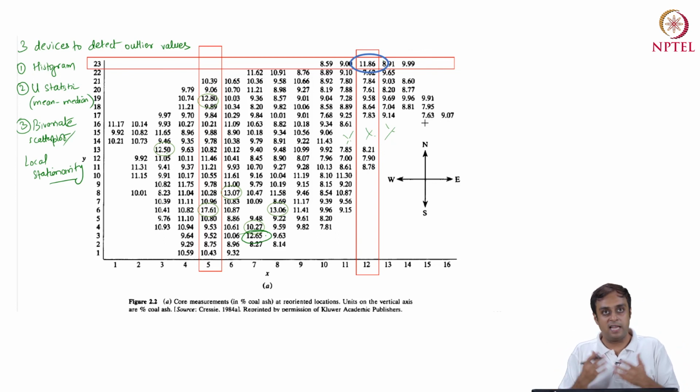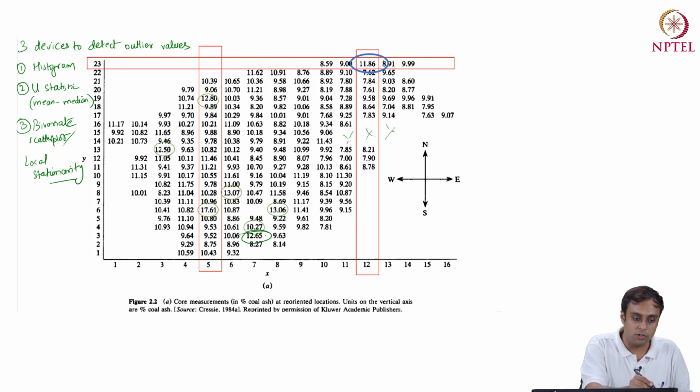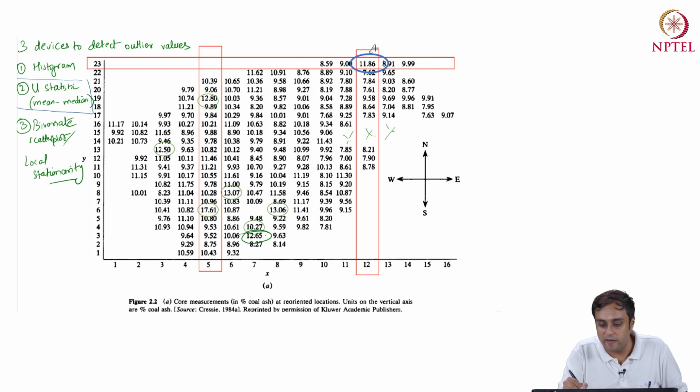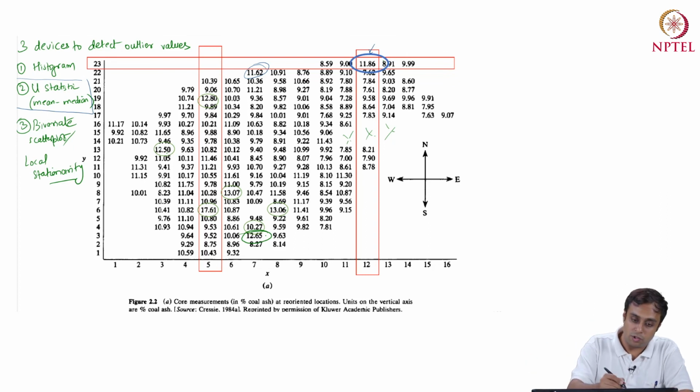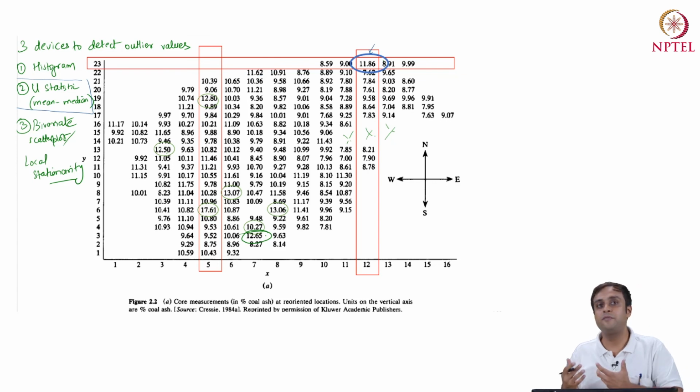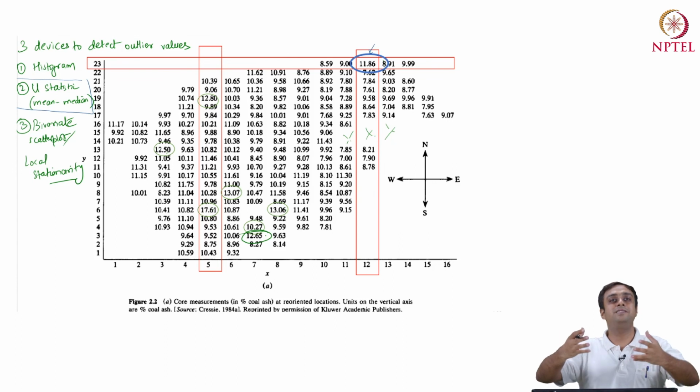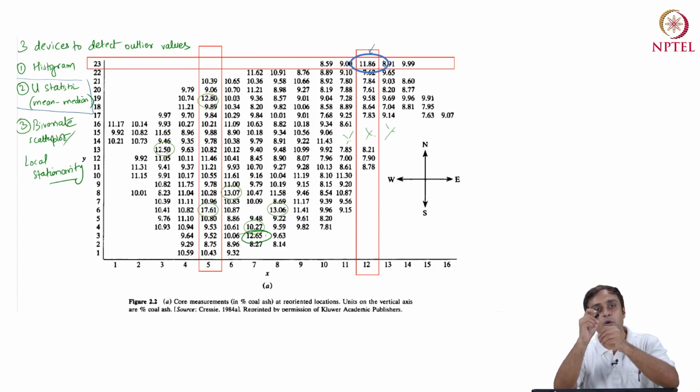What is special in this analysis that has come from this second U statistic is that the value 11.86 is very similar to values like, let's say, 11.62, but 11.62 does not turn out to be an outlier through all these three different devices that we evaluated, right? So it's not always trivial or straightforward, something that you can simply go in with your naked eye and look at the data and say, oh, here is an outlier.